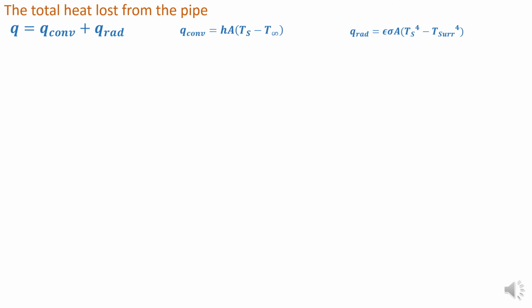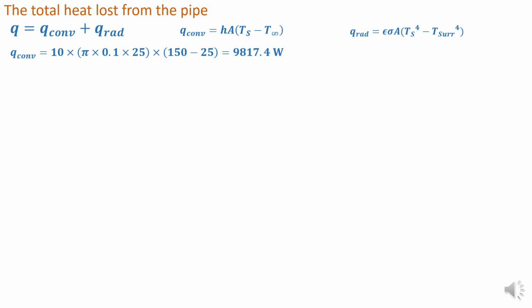For conduction and convection, it's your choice whether you use degree centigrade or Kelvin. But for radiation, it is mandatory to use Kelvin. I repeat, always put the value of temperature in Kelvin scale when you solve for radiation heat transfer.